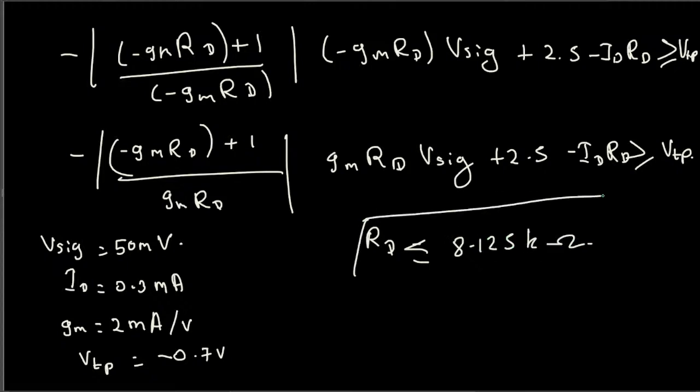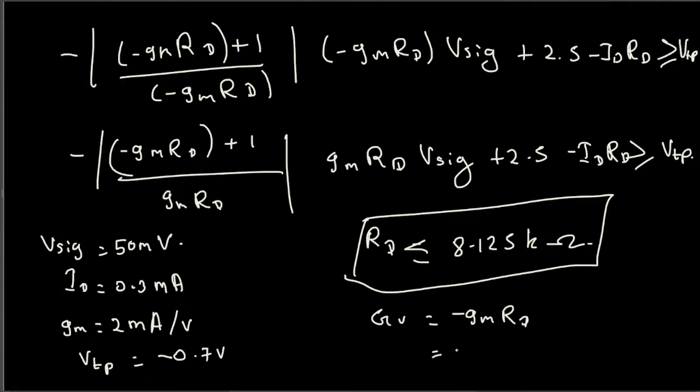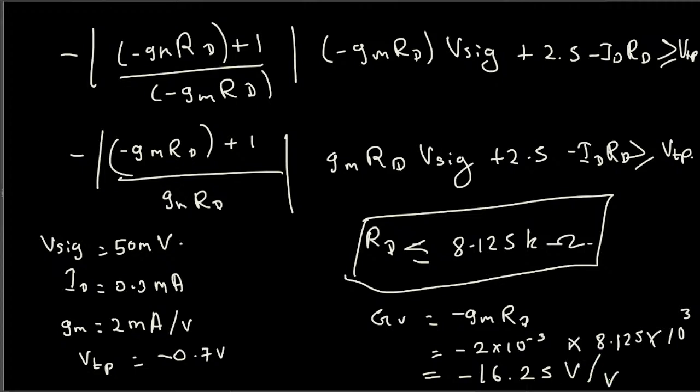Okay, once you have the RD, now you can go ahead and find the new gain, that is GV equal to minus GMRD, and GM remains the same, that is 2 times 10 to the power minus 3 ampere per volt, times the RD value, that is 8.125, and kilo is 10 to the power 3, and finally we will end up getting minus 16.25 volt per volt, and that's our final answer.